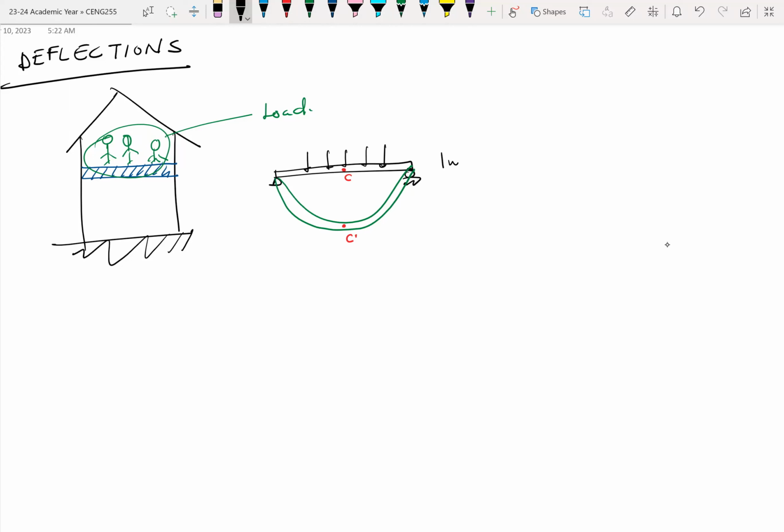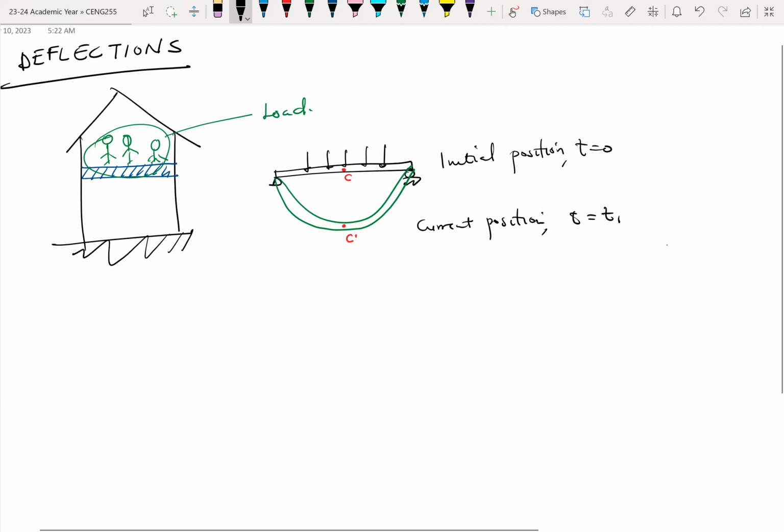So if there's the initial position at time t equals 0, now this is your current position at some time t equals t1, maybe 5 days, a week, maybe a month after construction or moving into the structure. This becomes your beam now. So it means that the beam has undergone some form of deflection.